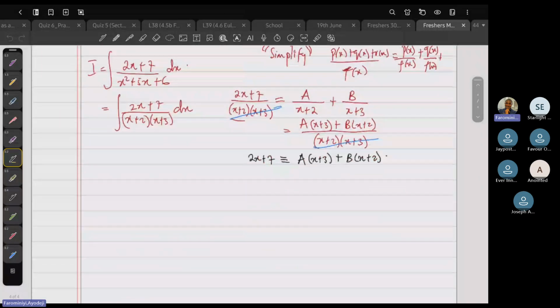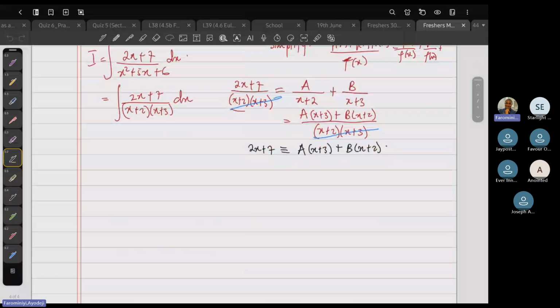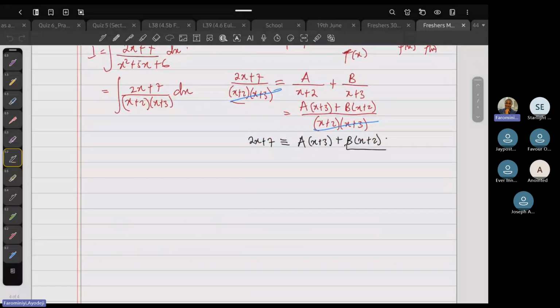So we want to look for what we put as x that will make this B vanish. So put x equals -2. You might be wondering why I did not just write equal to here.